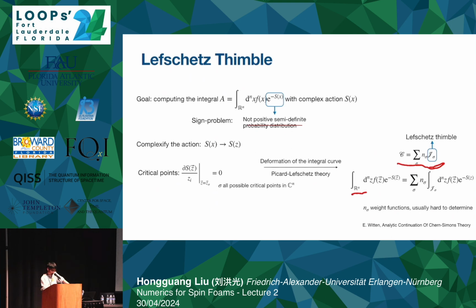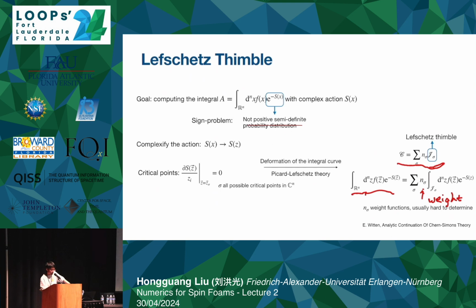And there are two things. First is the Lefschetz thimble, which I write as this capital J, and there is n_sigma, which is the weight. It's a number that tells you how these thimbles contribute. And finally, the integral on all the thimbles weighted by this n_sigma is equivalent to the original integral.